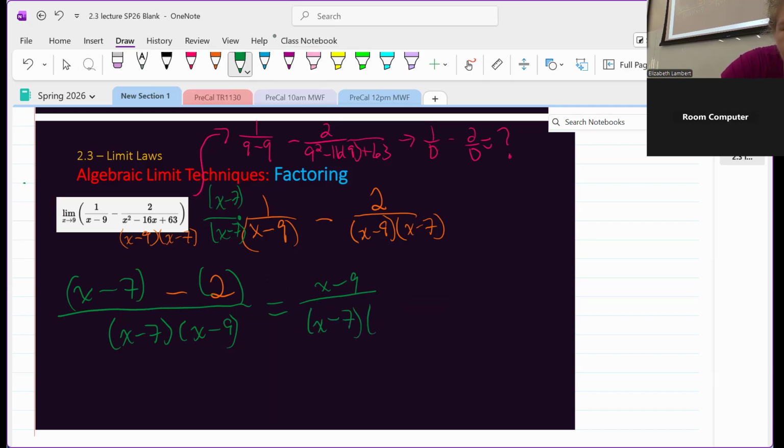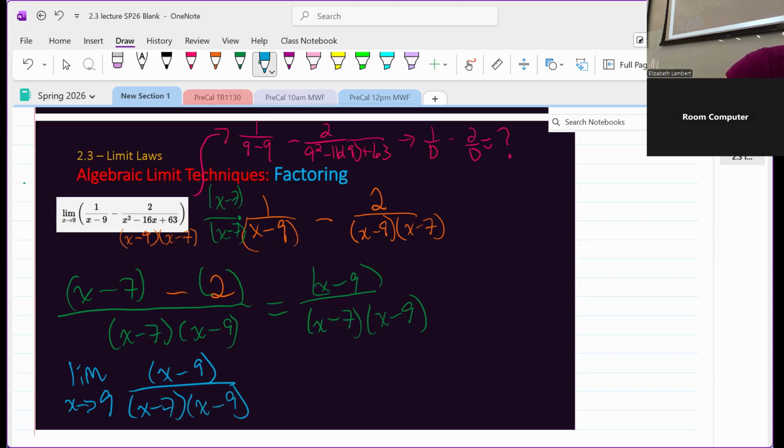And I just so happen to have an x minus 9 on the bottom. So in our pure algebra sense, I'm not supposed to cancel here, but inside a limit, I can. So the x minus 9s cancel out.